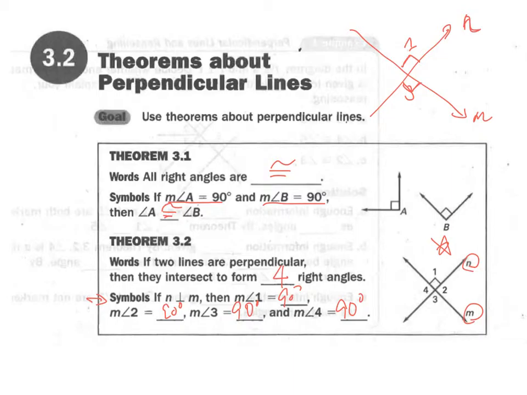Now, if angle 3 is 90 degrees, angle 3 and angle 2 form line n, and that's 180 degrees, a straight angle. 180 minus this 90 degrees will give me angle 2 as 90 degrees as well. And again, angle 2 and angle 4 are vertical angles, so angle 4 is 90 degrees as well. So with a very simple condition, that two lines intersect and are perpendicular to each other, all four angles are right angles at 90 degrees. Okay?